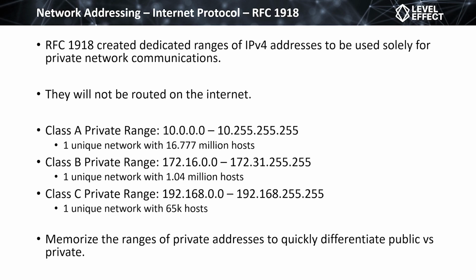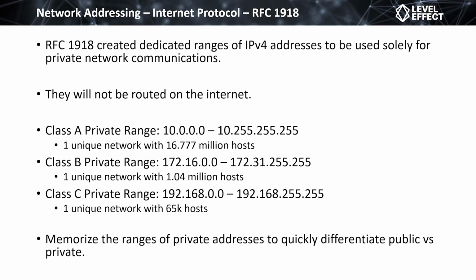So we have the Class A private range at 10.0.0.0 through 10.255.255.255. Another way to remember this is that if any IP address you ever come across starts with a 10, it is a private IP address. You don't even need to remember the other addresses. If it's a 10, it's private.